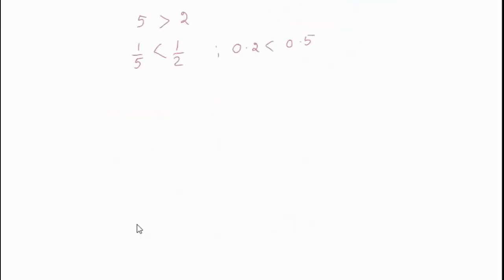Now let us take one more example. This is a little different example and a little difficult also. Let me write here. Minus 2 by 3 less than or equal to x plus 1 by 3 less than 3 1 by 3.